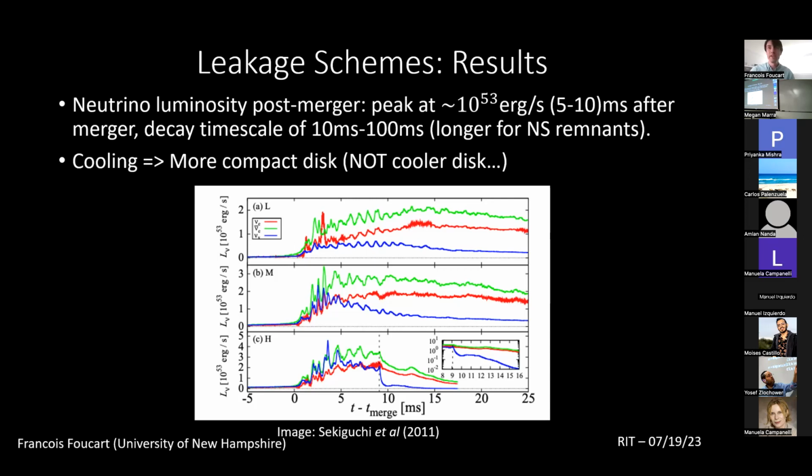So the energy is basically lost to binding energy of the system. And what that means is that that more compact disk is going to be a lot harder to disrupt. You are going to have weaker disk winds with less mass ejection from the post-merger remnant once you include those neutrinos, because the matter is more strongly bound to your central compact object.